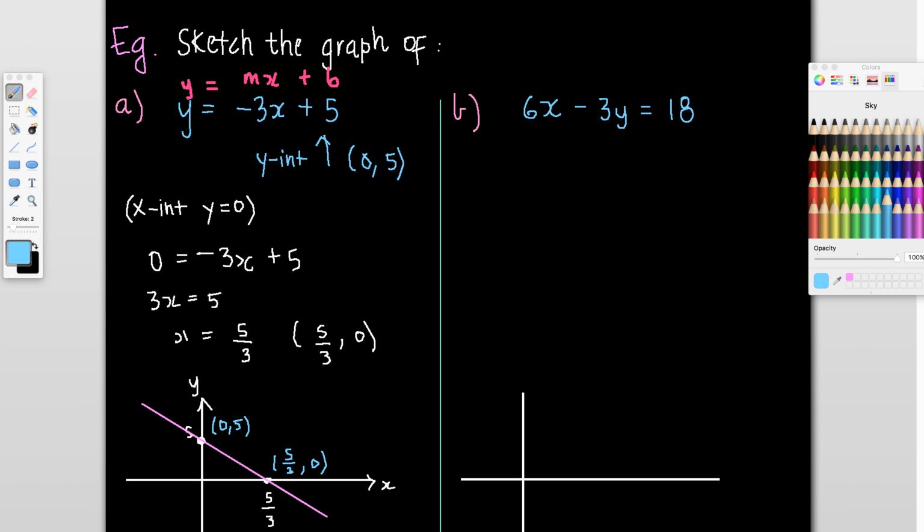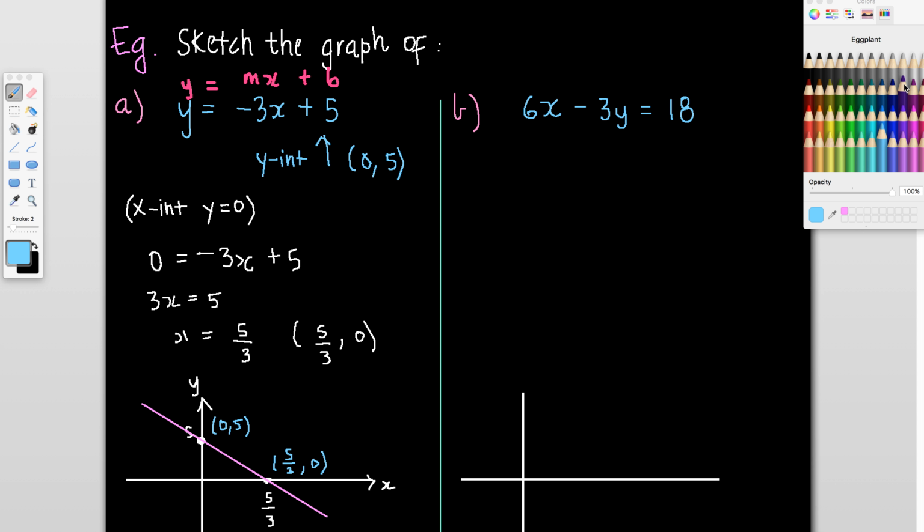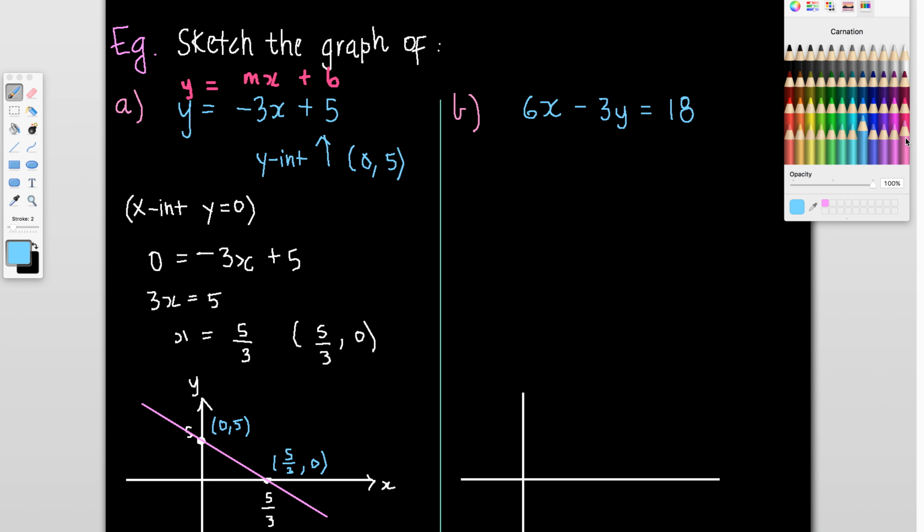Moving across to this one here, as you can see, I can't as easily just read off the y-intercept. So what I'm going to do this time is make sure I follow the steps that I discussed before. So first of all, for the y-intercept, we sub in x equals 0. Just putting in brackets what I'm actually doing. So when x is 0, this is going to be 6 by 0 minus 3y equals 18.